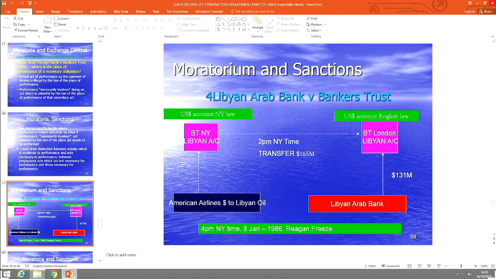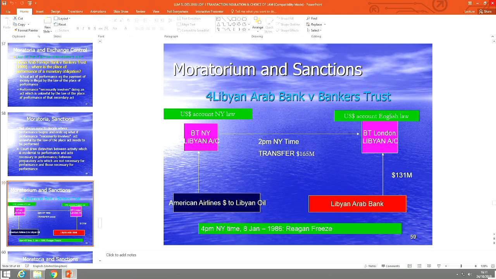But it existed then. The Libyan oil companies had accounts with this US investment bank, Bankers Trust, in New York. And they required all American corporations having to make payments for oil to transfer the monies to this account of the Libyan Arab Bank held with Bankers Trust New York.